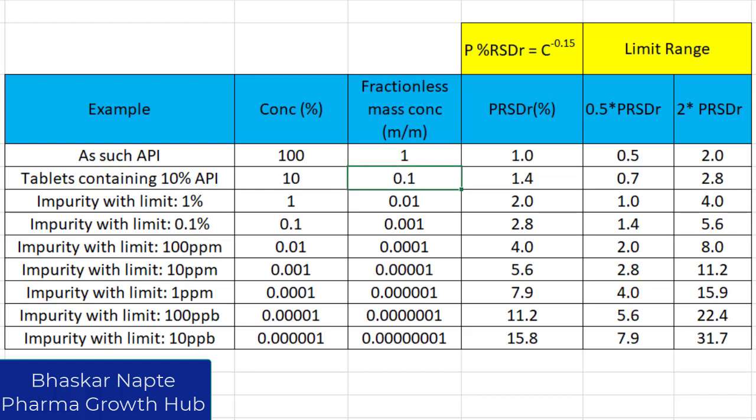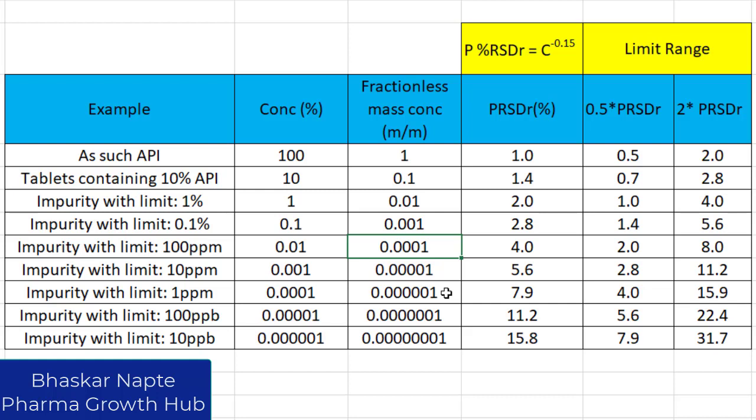Similarly, the mass fraction for 1% impurity is 0.01. For 0.1% impurity, it is 0.001. Similarly, for 10 ppm, it is going to become 0.0001 and so on. I hope you can relate with this calculation. If not, you can go back to the video and understand how this mass fraction has been calculated.